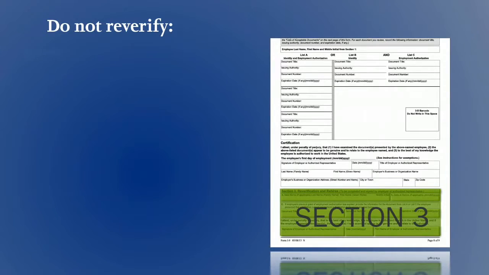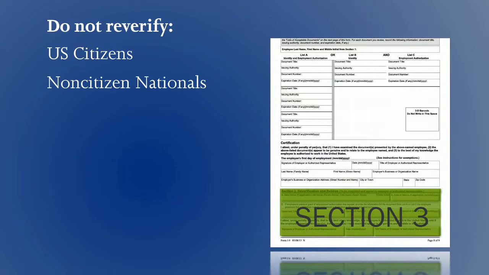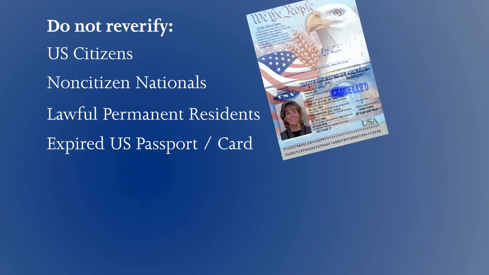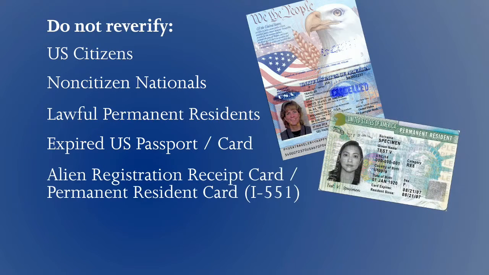Do not re-verify U.S. citizens, non-citizen nationals, or lawful permanent residents who present an alien registration receipt card or permanent resident card. Also, do not re-verify the following documents: an expired U.S. passport or passport card, an alien registration receipt card / permanent resident card, Form I-551, a List B document that has expired.